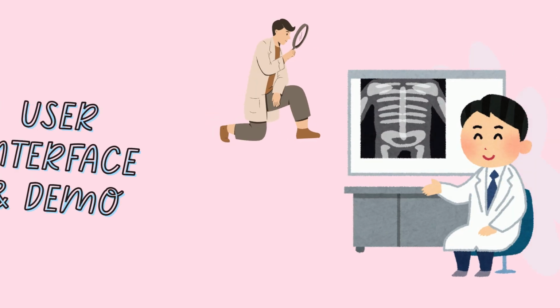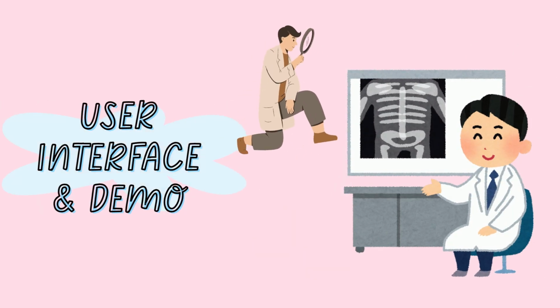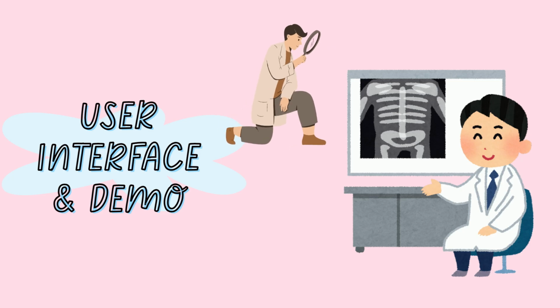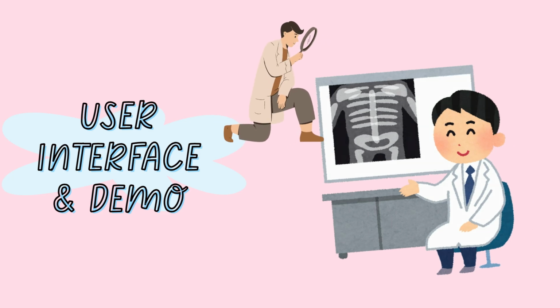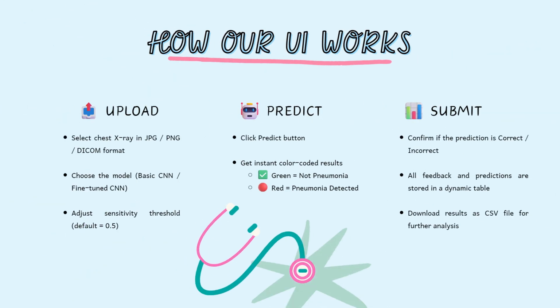So, how does our system actually work? It's incredibly simple. Just three steps: upload, predict, and submit. That's it. First, you upload a chest X-ray. We support JPG, PNG, and medical DICOM format.